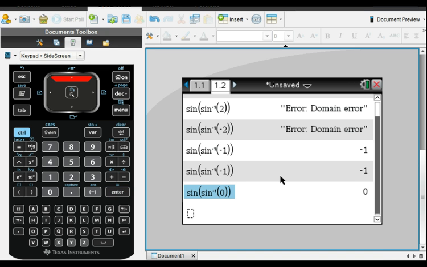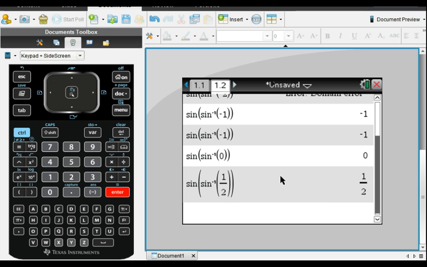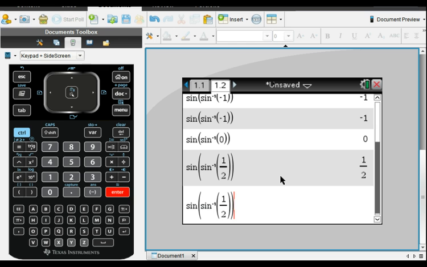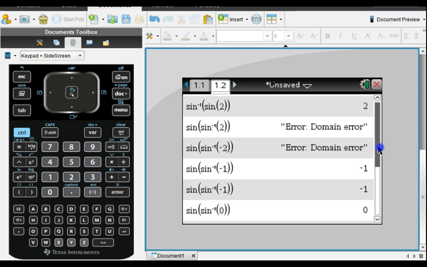Let's try something in between 0. Let's try 1/2. 1 divided by 2. Okay, let's try -1 divided by 2. Okay, so this seems to always return the same value when I'm between -1 and 1, but not when I'm bigger than 1 or smaller than -1.